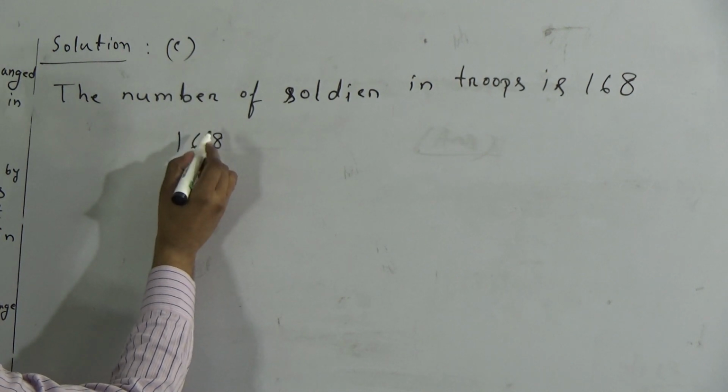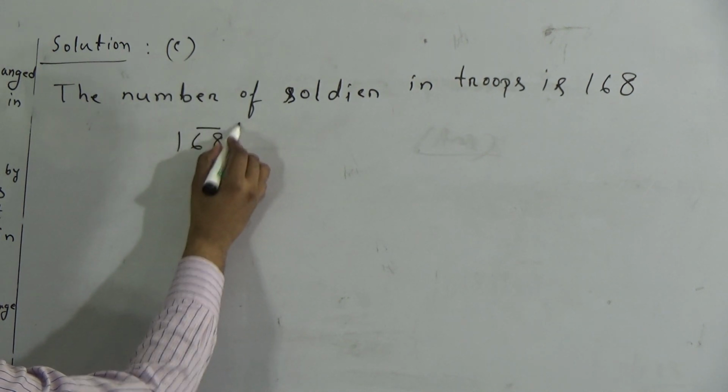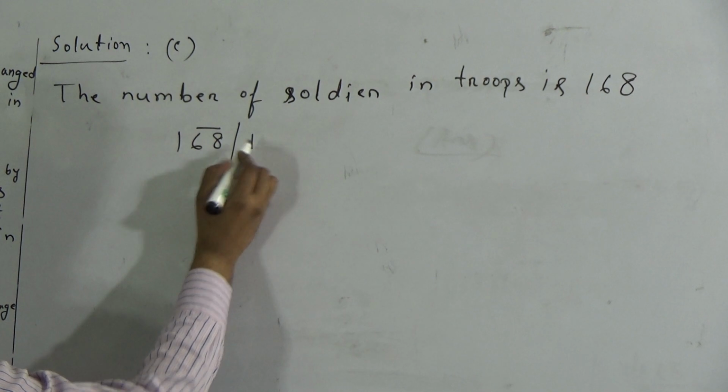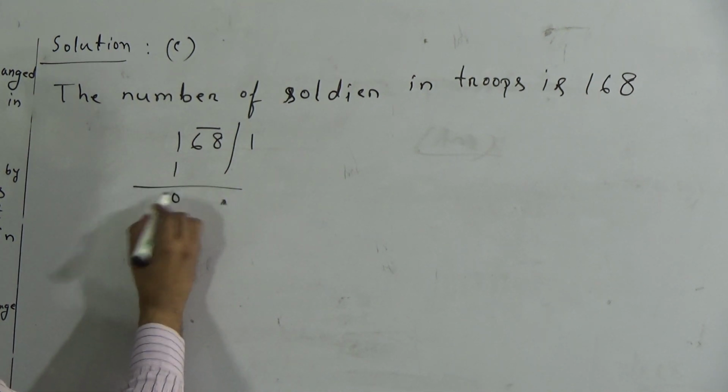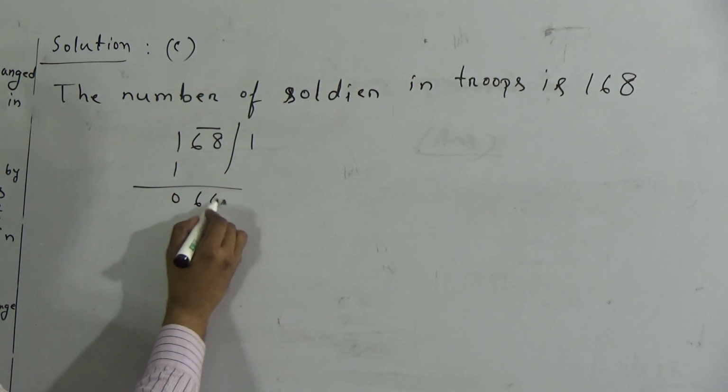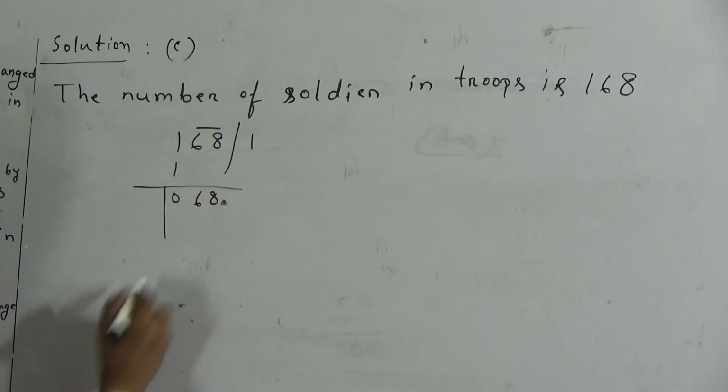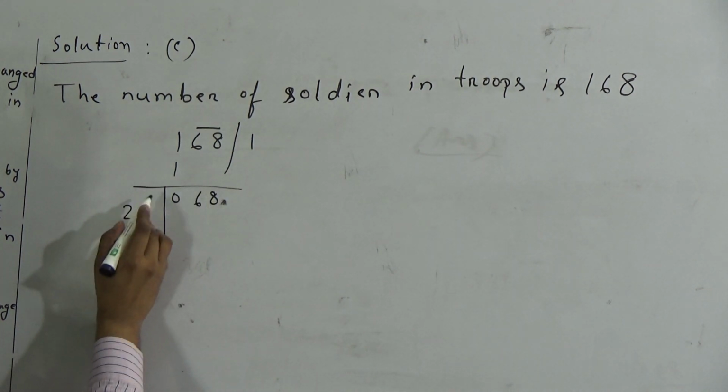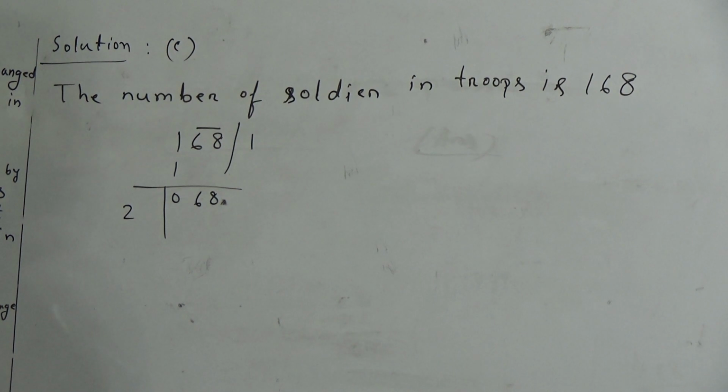We'll make pairs taking 6 and 8. Now we have to take 1, 1 ones are 1. After subtracting we will get 0, then 6 and 8 we will take. Now 2 ones are 2. If we take here 2, then it will be 22 and 22 2s are 44.